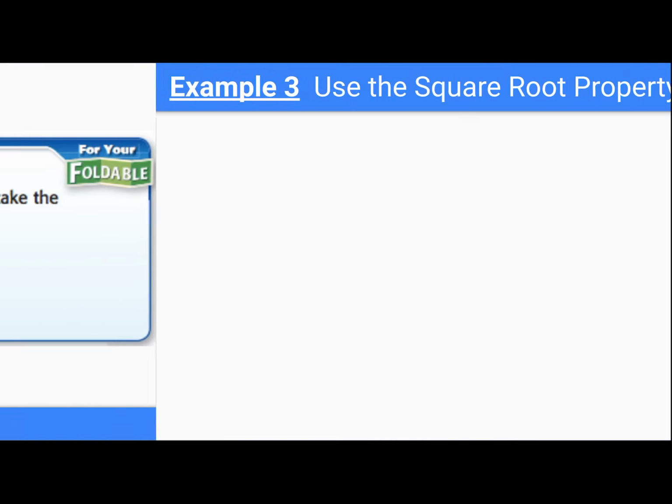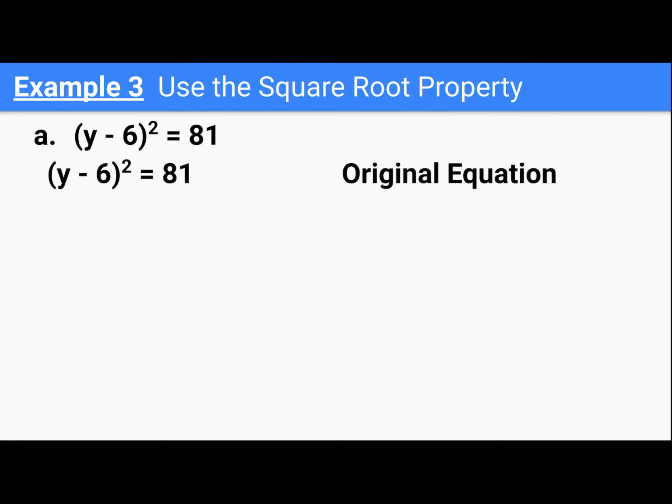So now, it says use the square root property. I've got y minus 6 squared is equal to 81. It's my original equation. Now I'm going to remember the square root property. To get rid of something that is squared, the inverse of that is to square root.